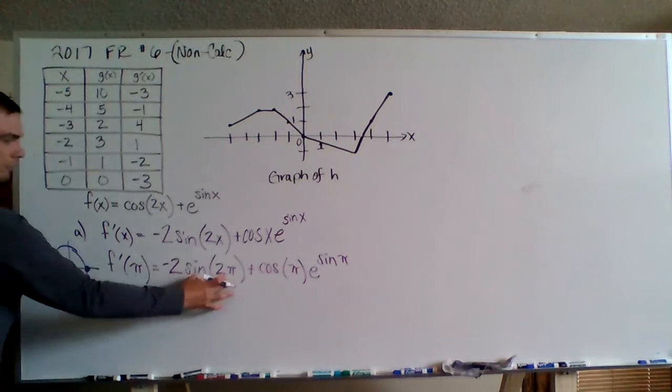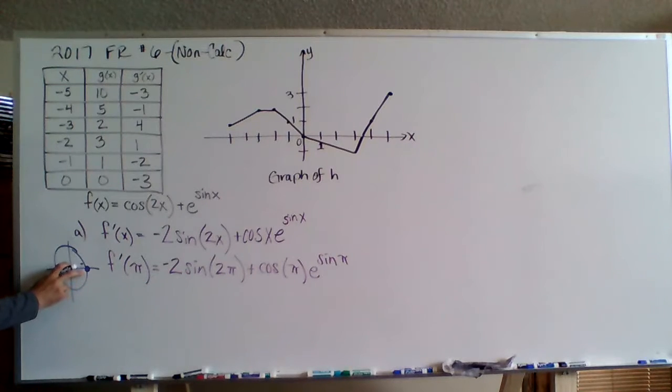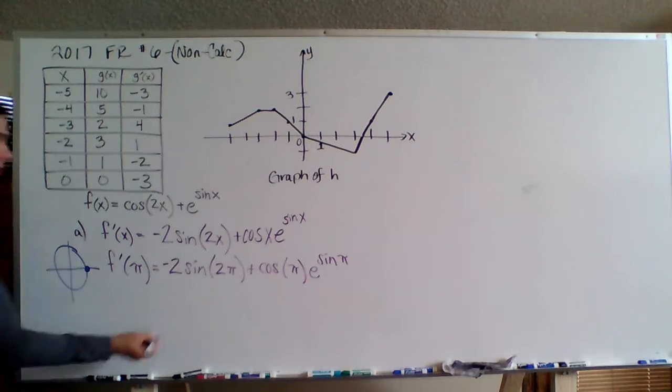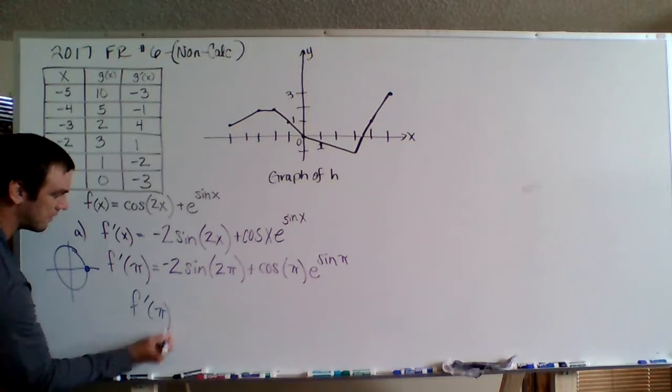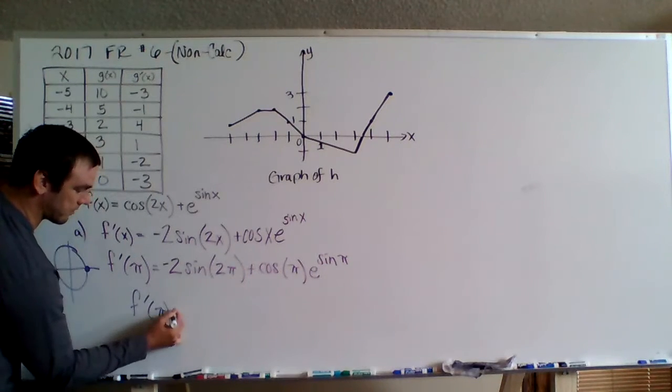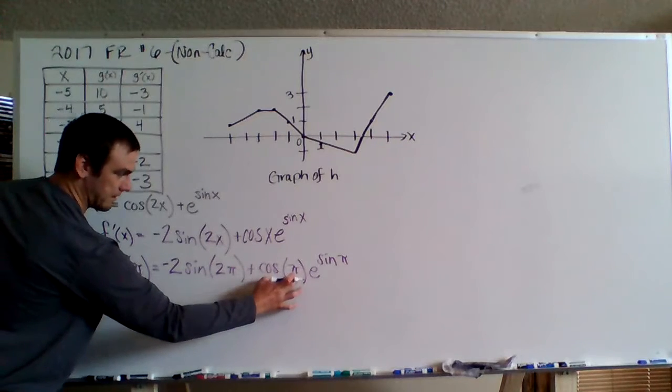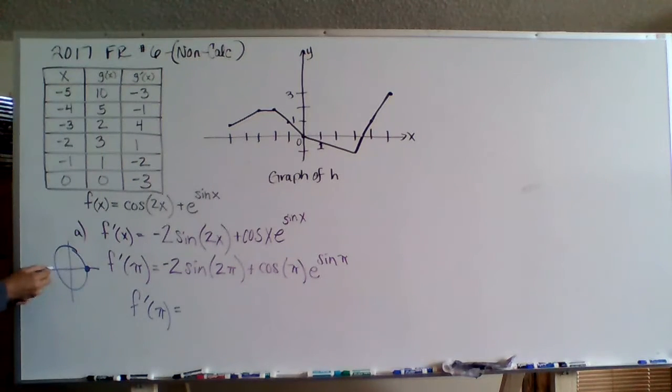Okay, sine is my y value. My y value at that location is going to be 0. So, f prime of pi, this part's just going to go away, so it's going to equal cosine of pi now. So pi is over here. Cosine is my x value.